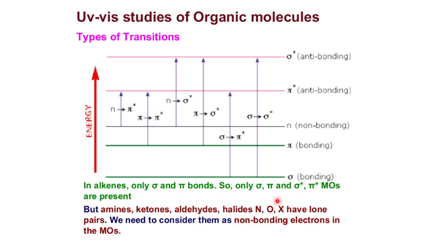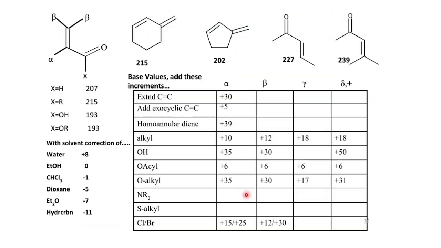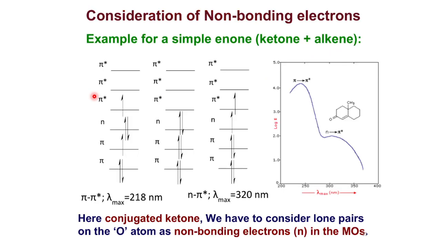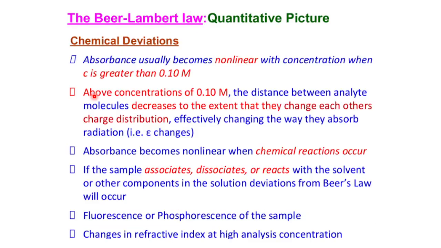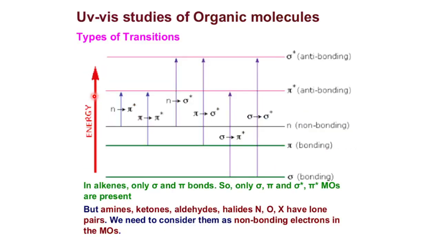Is it clear that when I am substituting this hydrogen with a methyl group, the methyl group has a plus I effect? What is plus I effect? It has a tendency to donate electrons. If it has a tendency to donate electrons, it will obviously increase the electron density a little bit in the bonding orbital.